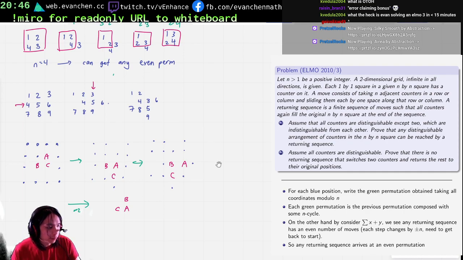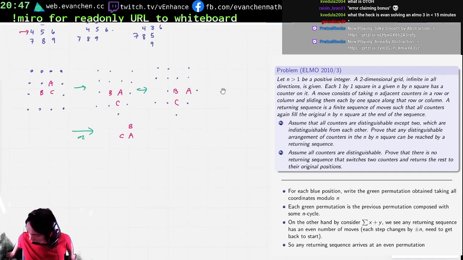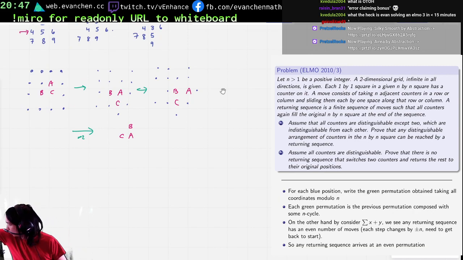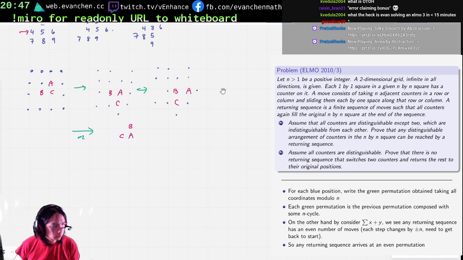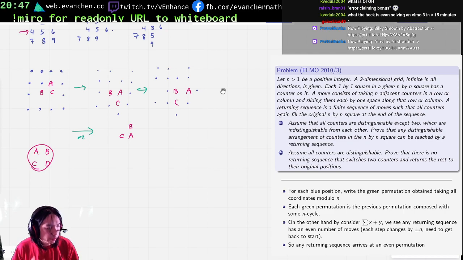But at the very least, let's see. Suppose I have A, B, C, D in a square. Well, actually, if I have ABCD in a square, then by the n equals 2 case I did earlier, that means I can get any even permutation on here. So in particular, I can get right triangles, and I can get things that look like this.